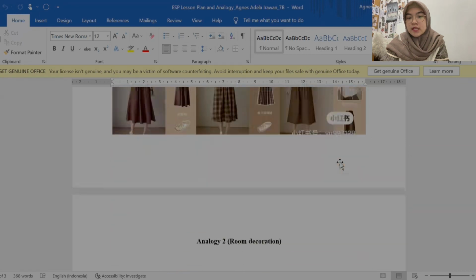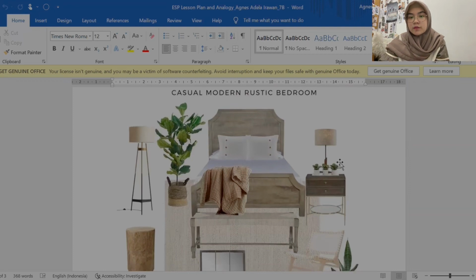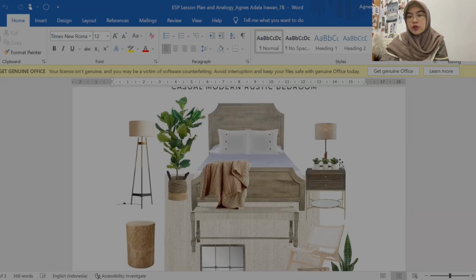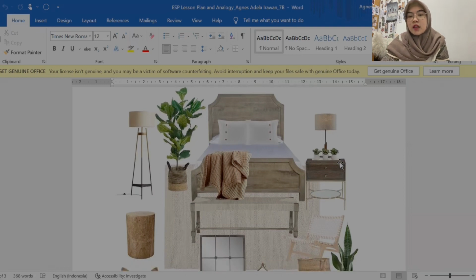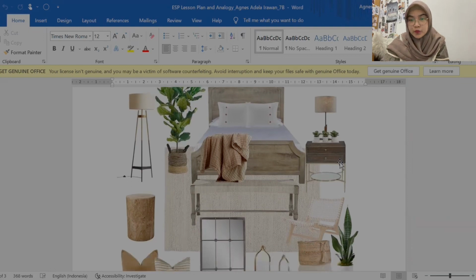Likewise, with the second analogy about room decoration, we can also play with the color, position, and shape in order to look comfortable and look good. So we can say that it can be an analogy for food plating or food presentation tips.